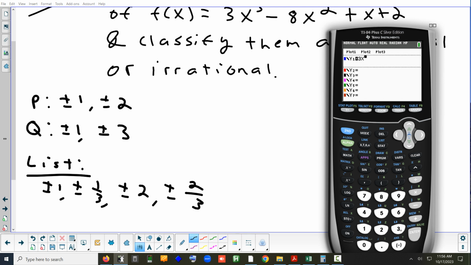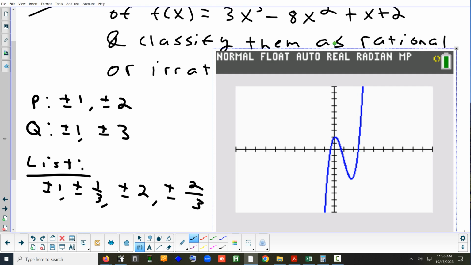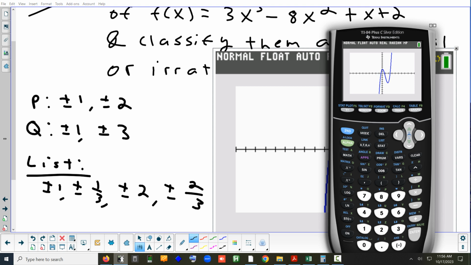So it's 3x cubed minus 8x squared plus x plus 2. Out of those 8 numbers, which ones seem like they could be right? It could be 2 over 3. We can check it on the table.